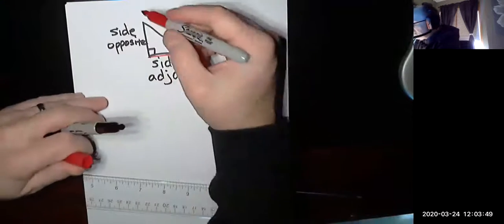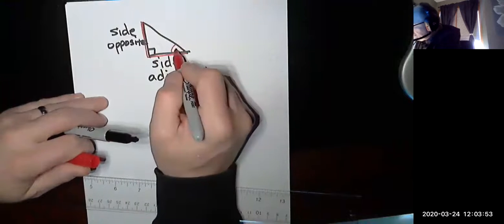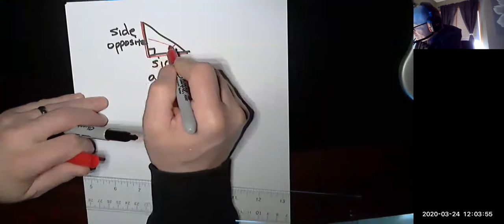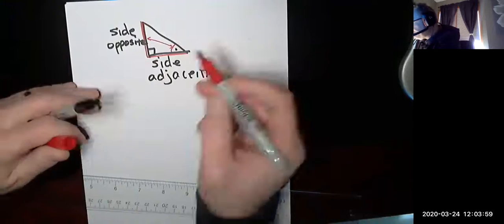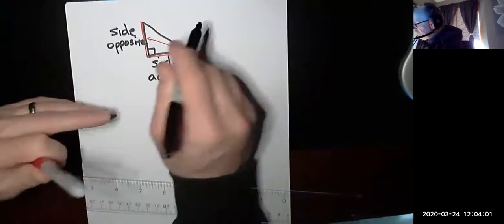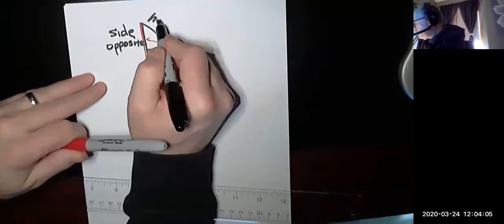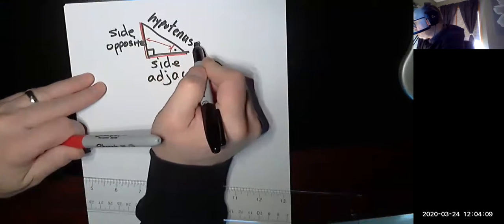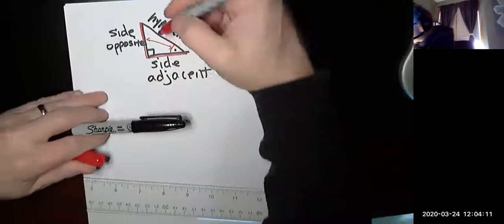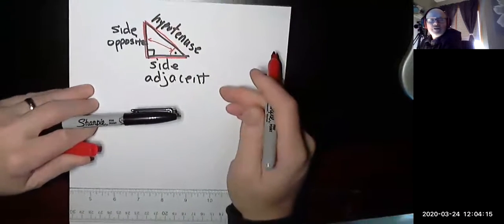So the side opposite would be this line right here, and it's the side opposite to that angle. And then finally, this line right here, we call this the hypotenuse. So this line becomes the hypotenuse.